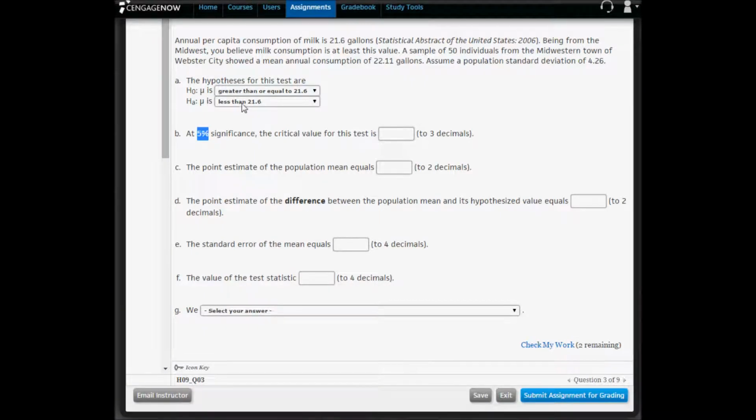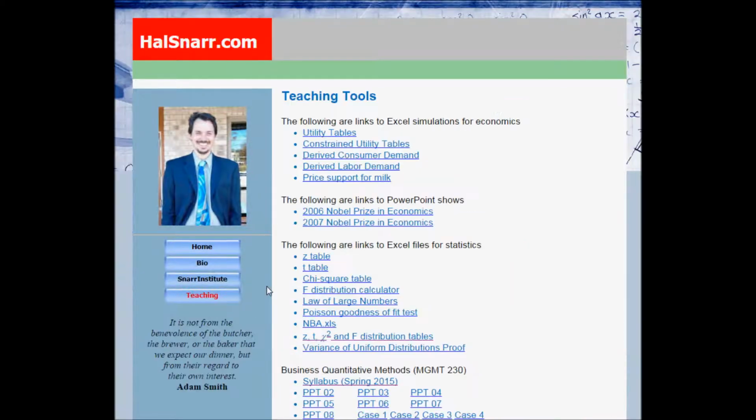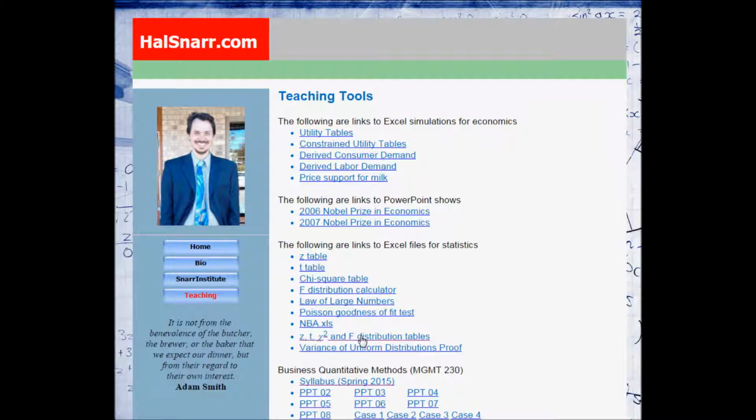This is a lower tail test since the alternative hypothesis says mu is less than 21.6. So we divide the alpha by 1. To find the z-value, we go to my teaching page and click on the PDF that corresponds to all the distribution tables.